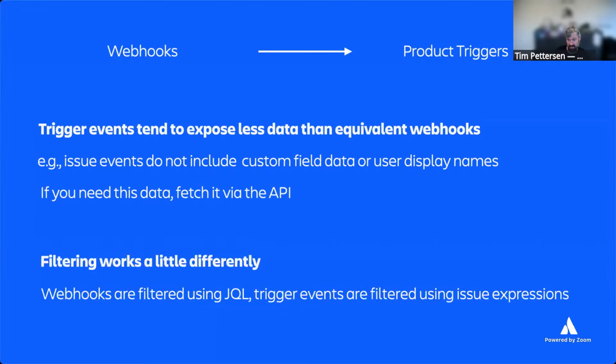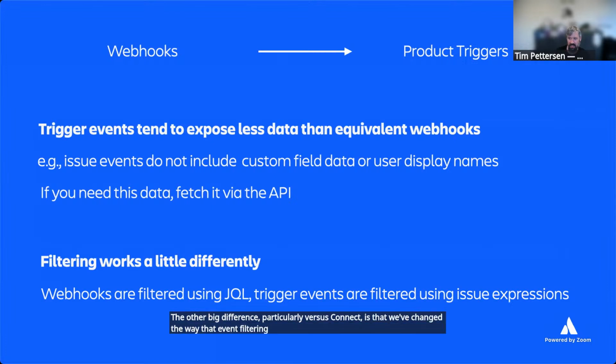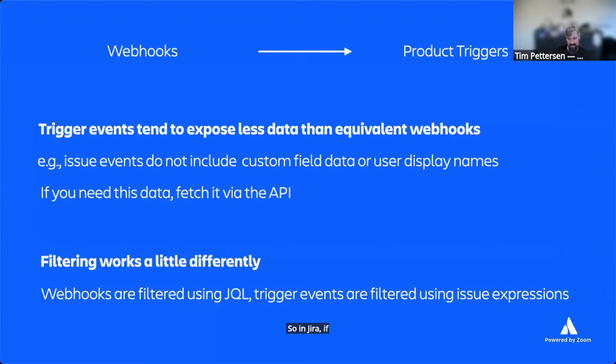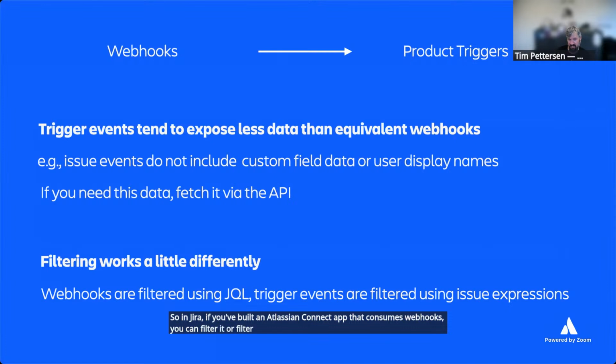The other big difference, particularly versus Connect, is that we've changed the way that event filtering works in Forge. So in Jira, if you've built an Atlassian Connect app that consumes webhooks, you can filter which events are actually sent to your app using a JQL query.